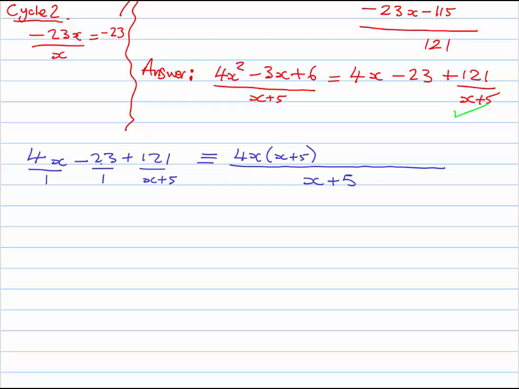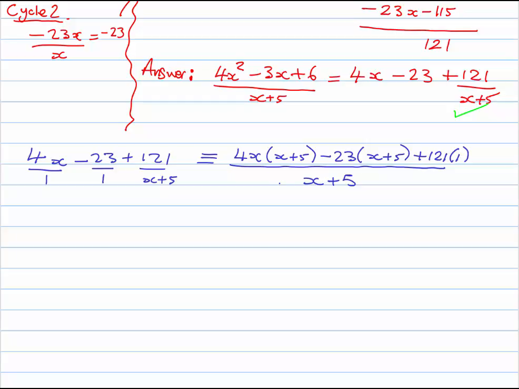Look at the central fraction. 1 into x plus 5 again gives you x plus 5 minus 23 lots of x plus 5. And then this third fraction, x plus 5 into the common denominator, x plus 5 gives you 1. 1 lot of 121. Okay, so 121 times 1.